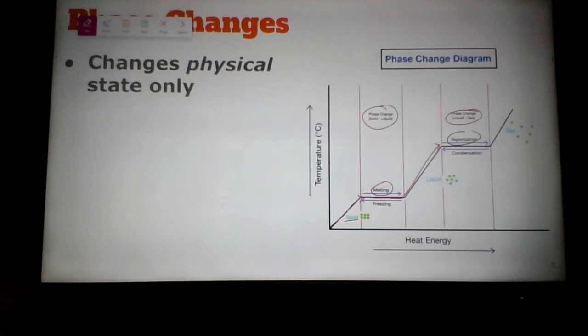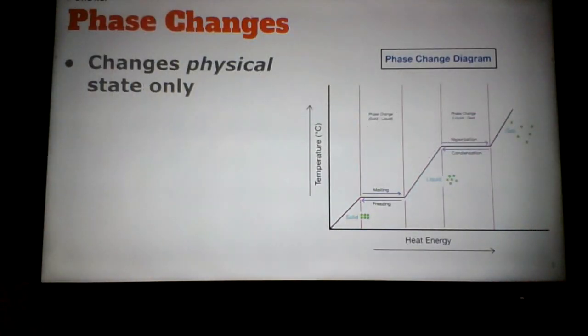Evaporation means the molecules will take their own sweet time going from the liquid phase into the gas phase. Boiling is simply a process that will add a lot more energy a lot faster and cause vaporization to happen much faster. We then end up in the gas phase where the molecules are much further apart from each other and moving at higher speeds.